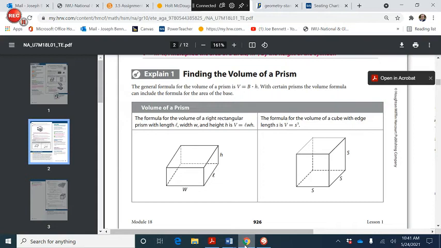As you look on the screen, you can see with my cursor, I'm outlining the volume is equal to capital B. The capital B represents the area of the base.